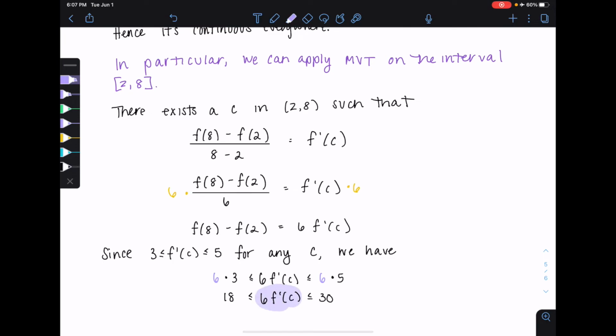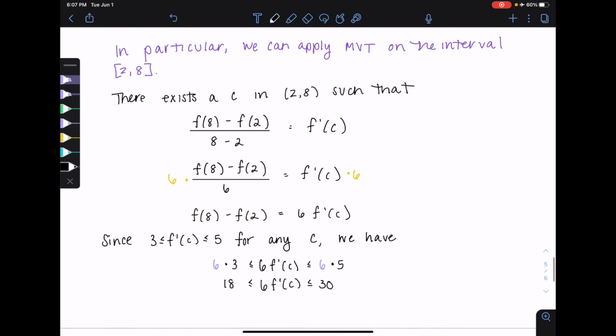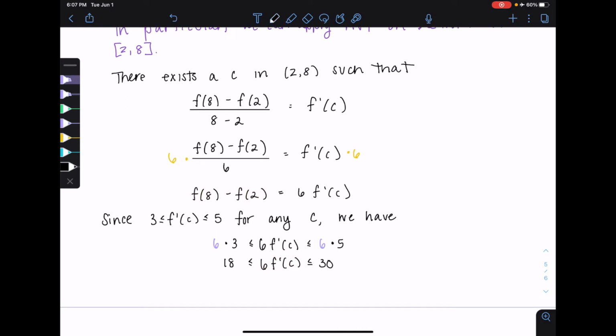But 6 times my derivative is exactly the difference in these two y values. So what we get from here is that 18 is less than or equal to the difference of f of 8 and f of 2, and that is bounded above by 30, which is exactly what we wanted to show.